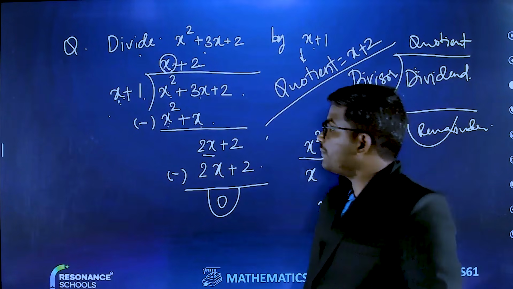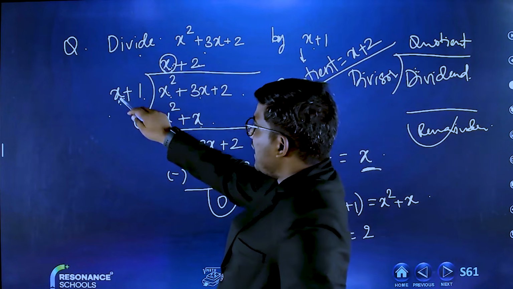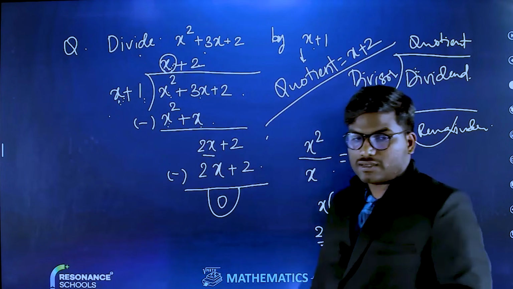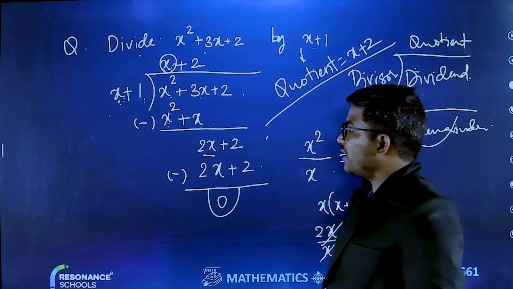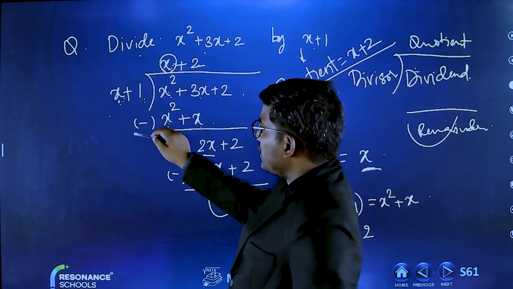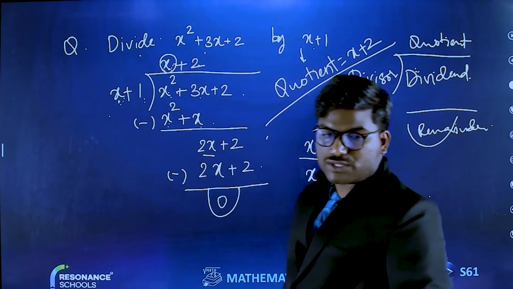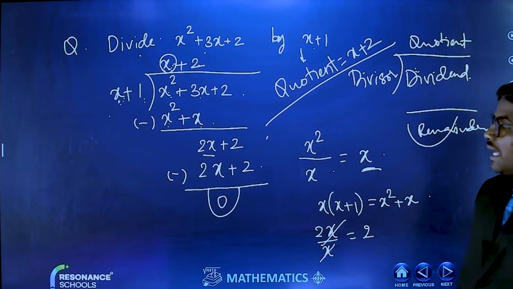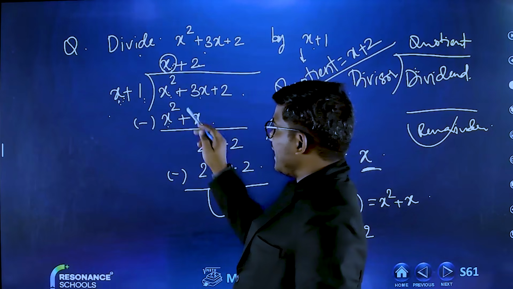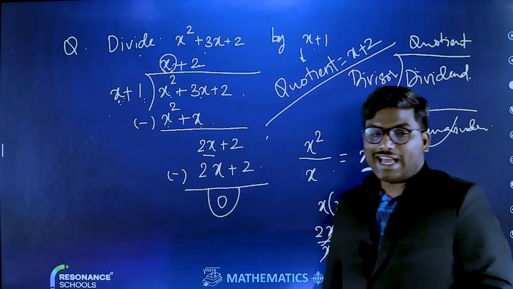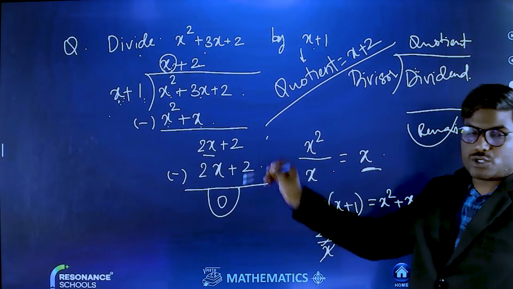Now, x multiplied by x plus 1 will be x square plus x, which is written here. After that is written here, I'll now try to subtract this from x square plus 3x plus 2. X square plus x, when subtracted from x square plus 3x plus 2, I'll be left with 2x plus 2.